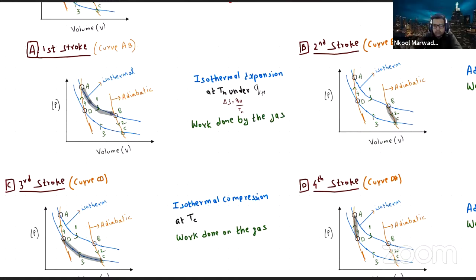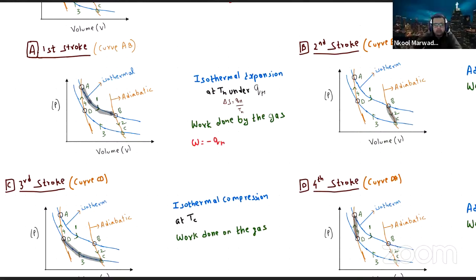We will derive it. Let me call it W. Now it is very clear to us that whatever is the heat absorbed, the work is done by the gas, so minus sign will be there. Whatever heat is absorbed, that should be the work done in the ideal scenario.